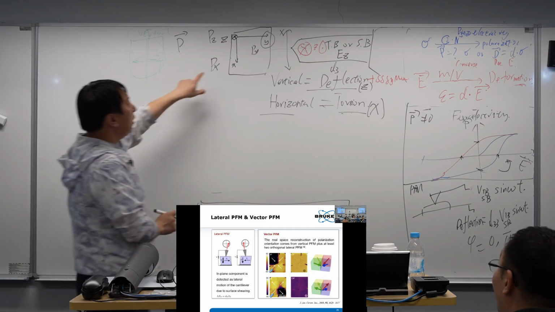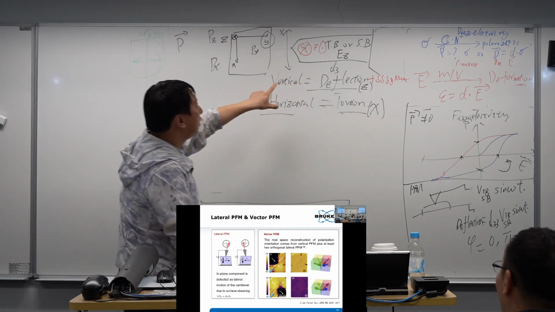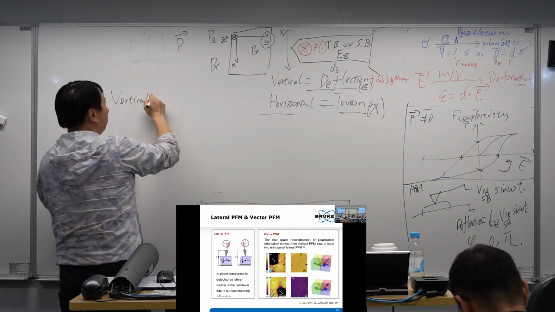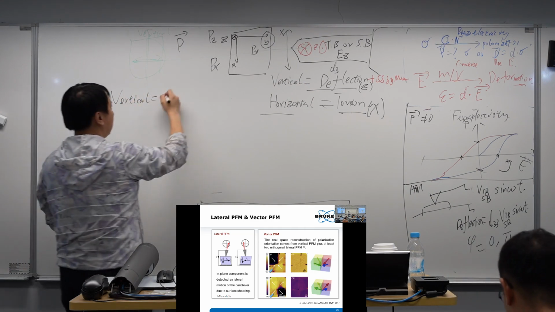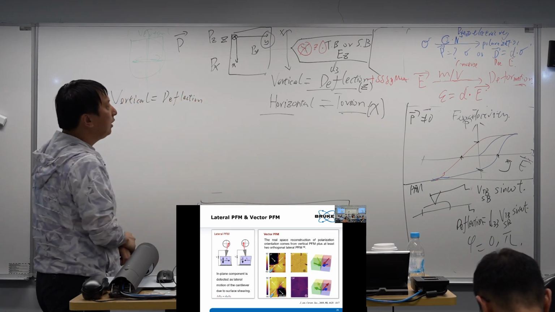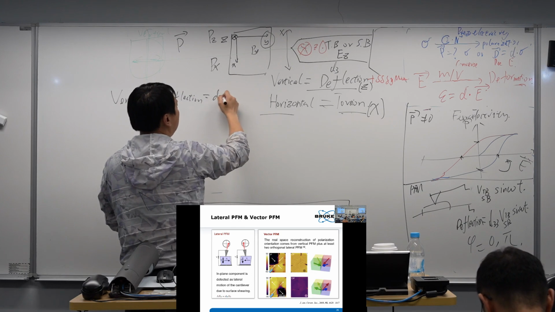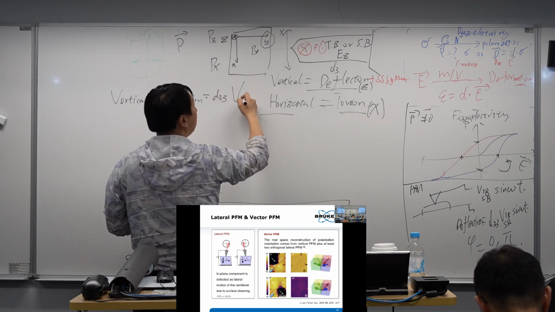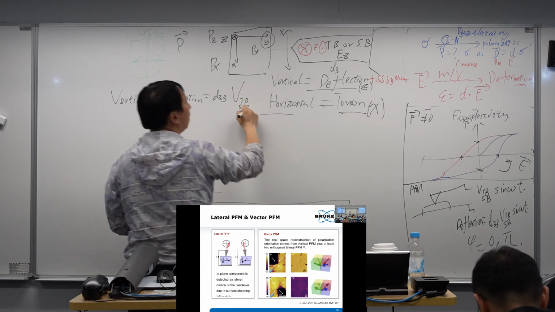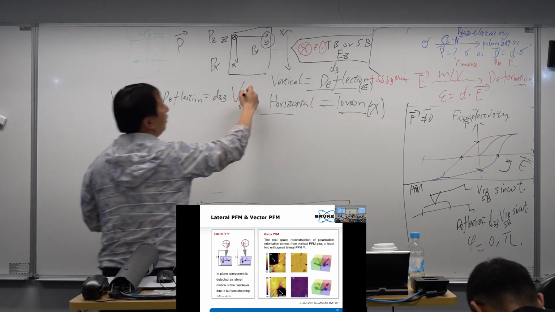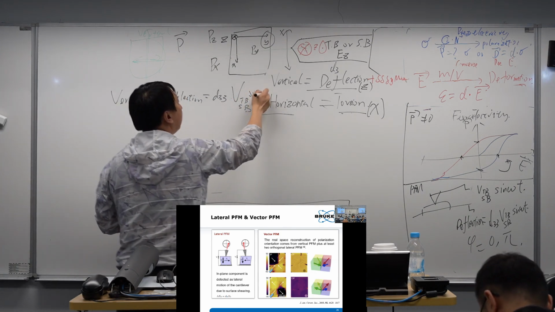And then we place it in this fashion, and from the vertical we get the deflection. And we get the D33 times the voltage, the VTB or VSB, tip bias or sample bias, and of course there will be a sine omega t, okay?